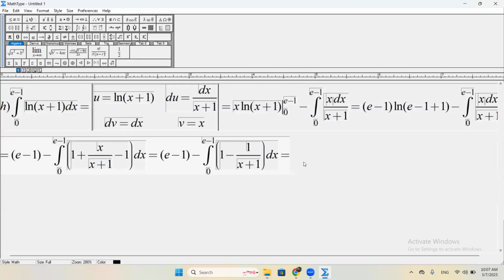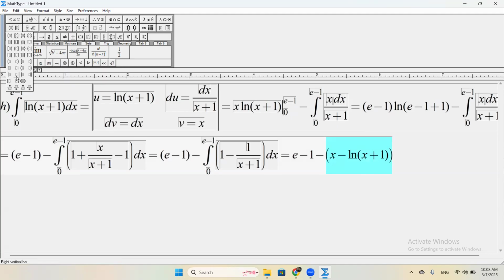So now we can integrate. So e minus 1 minus x minus logarithm of x plus 1 with substitutions from 0 to e minus 1.